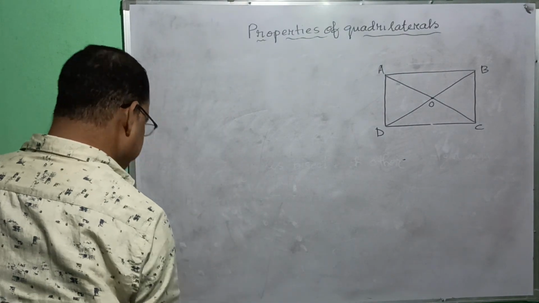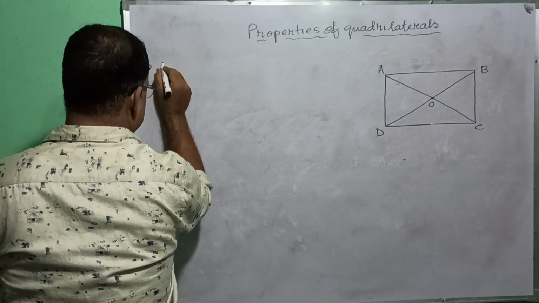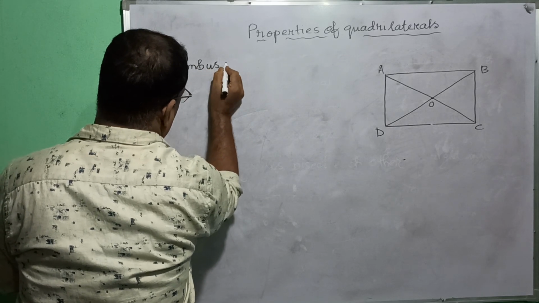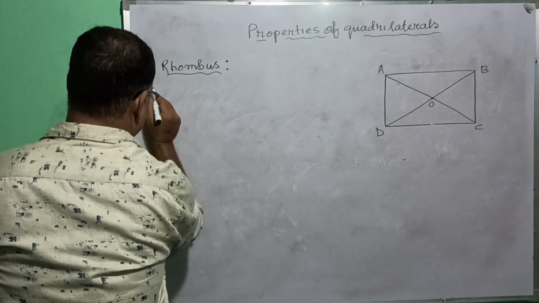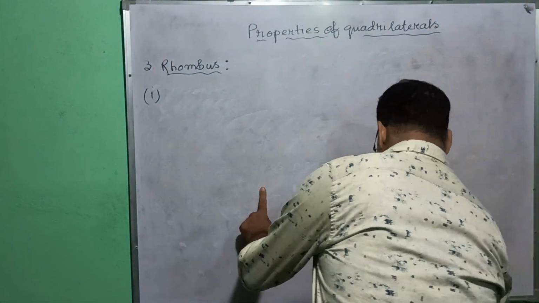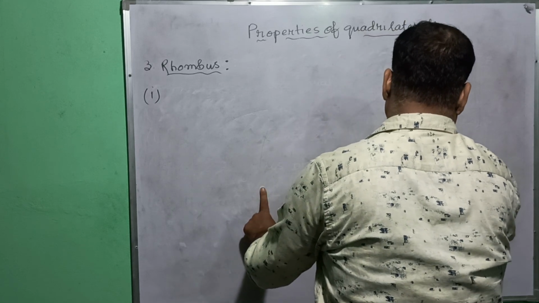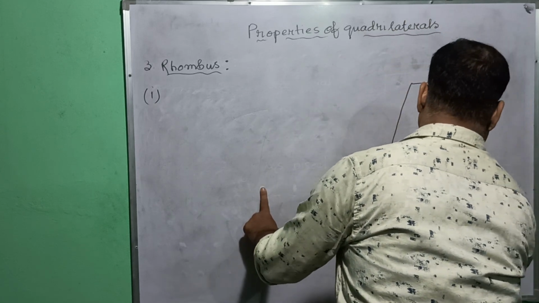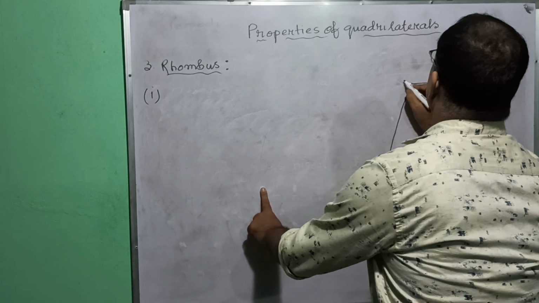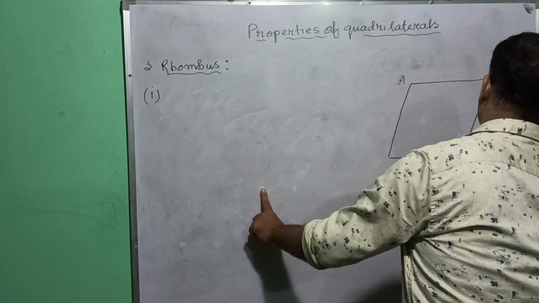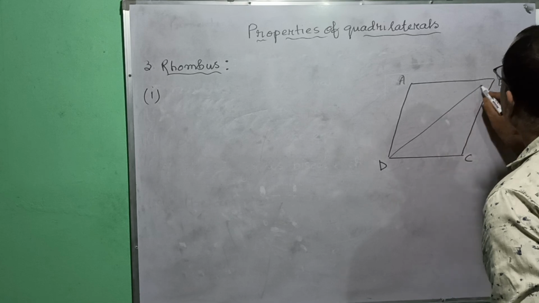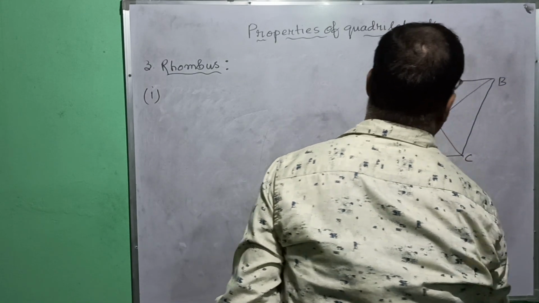Now we'll write as number three, rhombus. Property number one. Before writing the property, let me draw the figure of a rhombus. Let ABCD be the rhombus along with the diagonals AC and BD.